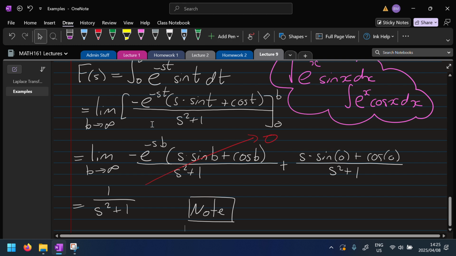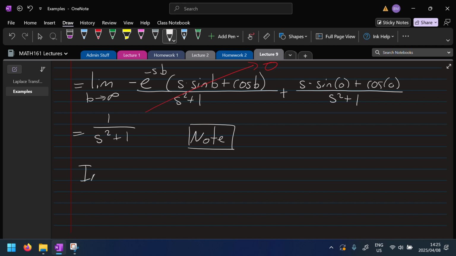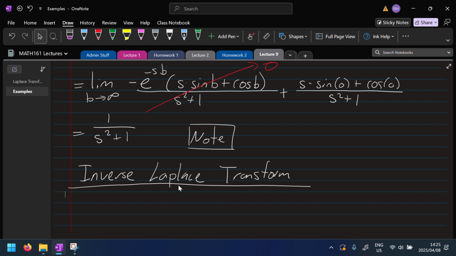The last thing we're going to be looking at today is the inverse Laplace transform. There is a definition for the inverse Laplace transform. However, it is far too complicated for us to look at right now.